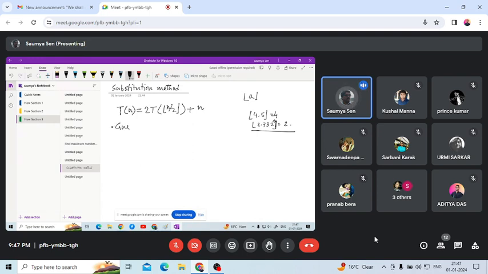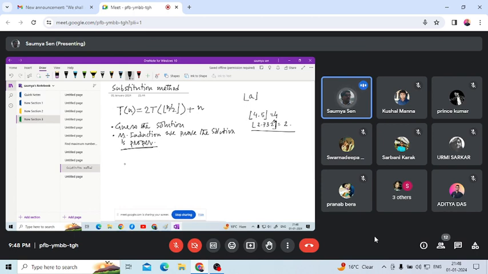First we guess the solution, and then by mathematical induction we prove that the solution is proper. If we do it in this way, we say it is the substitution method.